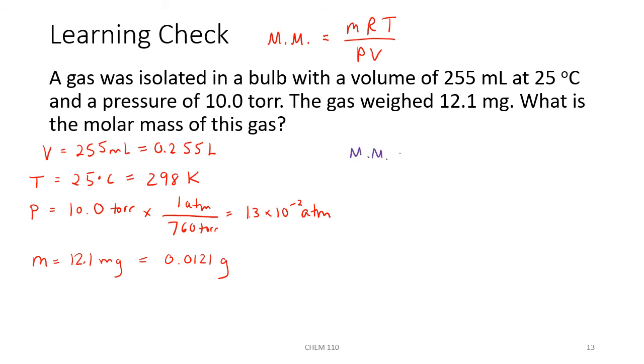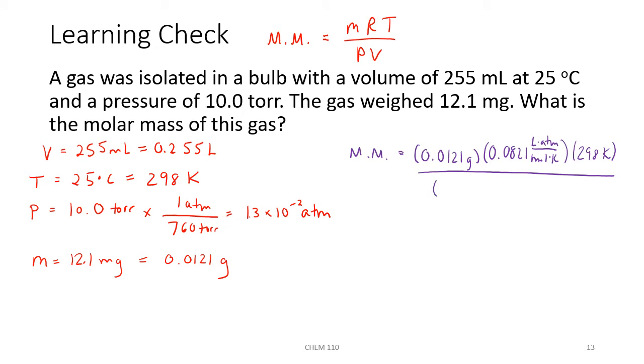Now we have everything we need in order to solve for the molar mass of the gas. Molar mass will equal 0.0121 grams times 0.0821 liter atmospheres over moles times Kelvin times our temperature, which is 298 Kelvin, divided by our pressure, 1.3 times 10 to the negative 2 atmospheres, times our volume in liters, 0.255 liters.